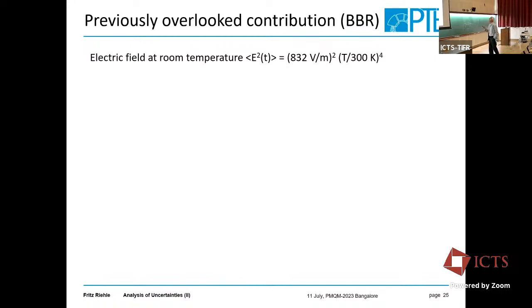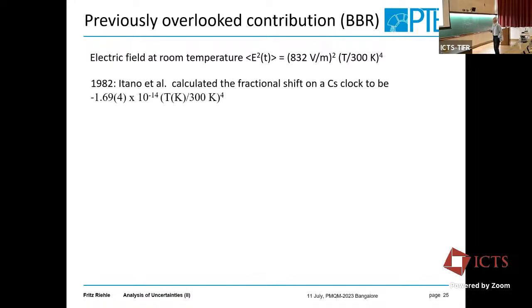contributions. The electric field at room temperature is 832 volts per meter, as I said before, to be exact the mean electric field. And in 1982, Itano and co-workers calculated the fractional shift of the blackbody radiation on a cesium clock to be minus 1.7 times 10 to the minus 14.